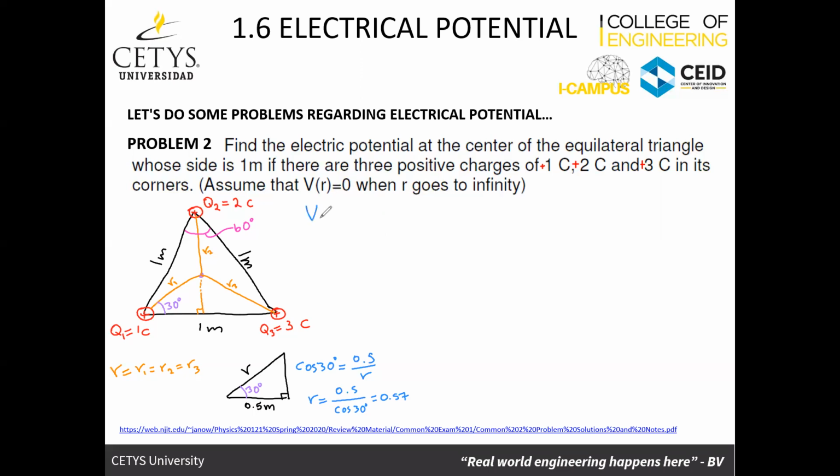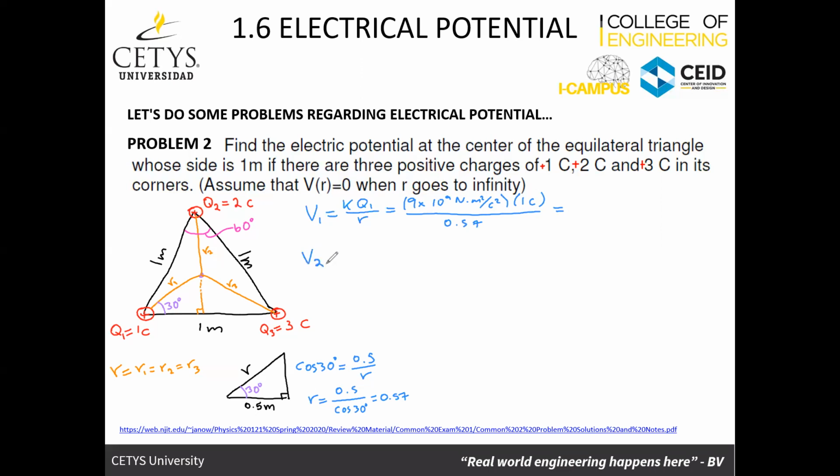So the potential for charge 1 is going to be K Q1 divided by R, which is going to be 9 times 10 to the 9 newtons meters squared per coulomb squared, multiplied by 1 coulomb divided by the 0.57. I'm going to be writing down the expressions, so please do those calculations when you have them.